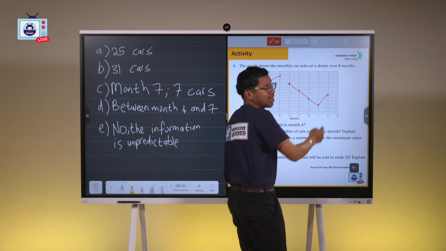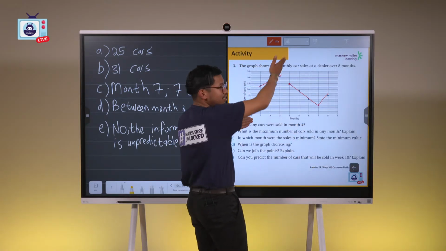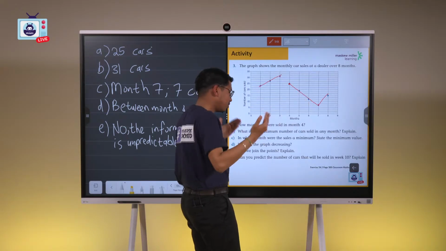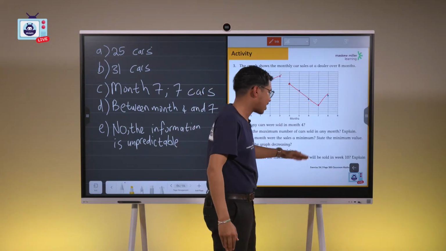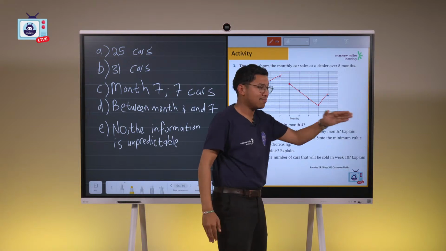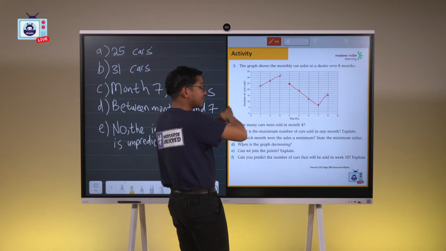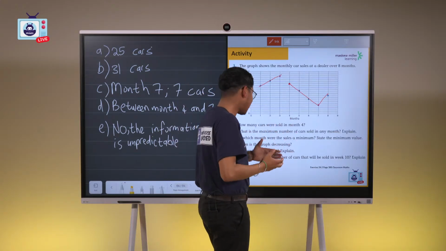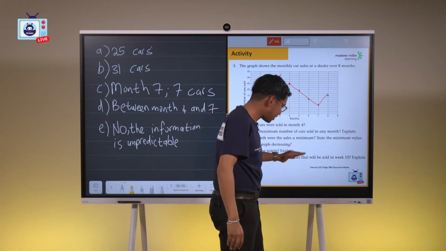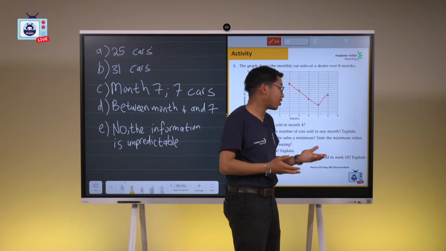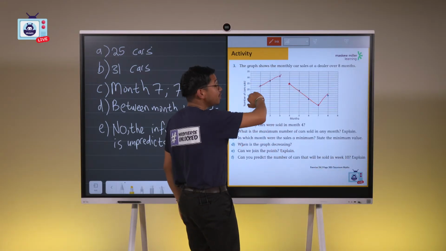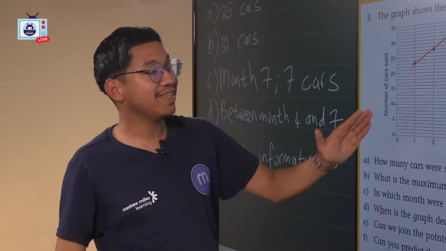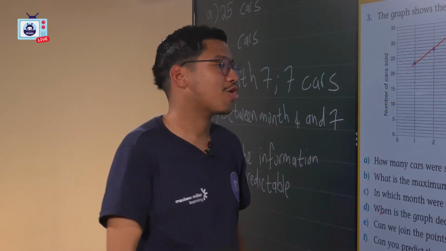So from this point, it is not consistent with an increase or a decrease. So in other words, I can't actually predict how many cars will be sold in the 10th week, because this graph had a trend where it was increasing and decreasing simultaneously. So in the end, I can conclude, can I predict the number of cars sold in week 10? No, I cannot, because the graph had a mixture or a combination of increase and decrease in car sales.